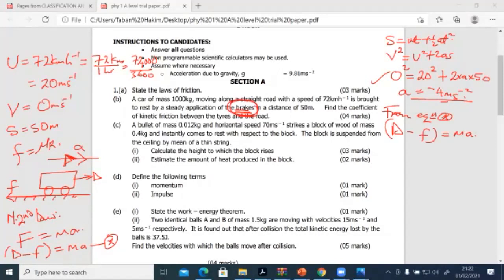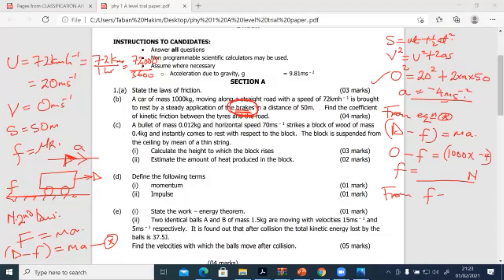If the brakes are being applied, then the engine of the car is exerting no force. So 0 minus F is equal to our mass, which is 1,000, times our acceleration, which is -4. This will give us our frictional force as equal to dash in newtons.